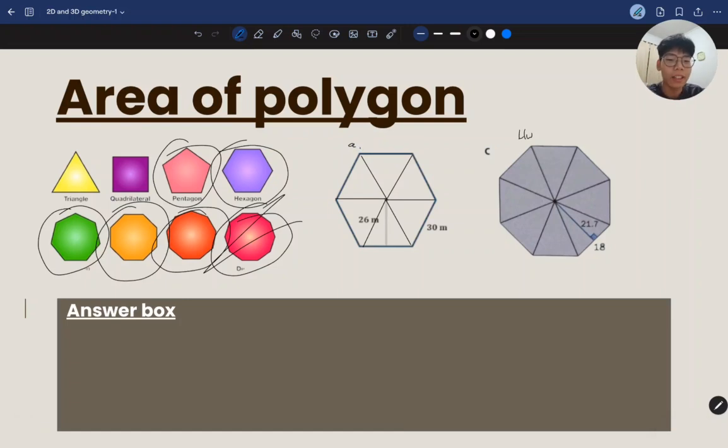Now, to find the area of a polygon, you should create multiple triangles. So we know that the length of the sides is 30 centimeters because it was already given, and all these sides have the same length, and the height here is 26.